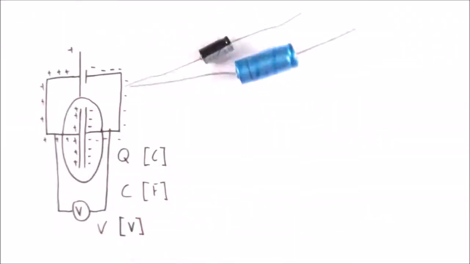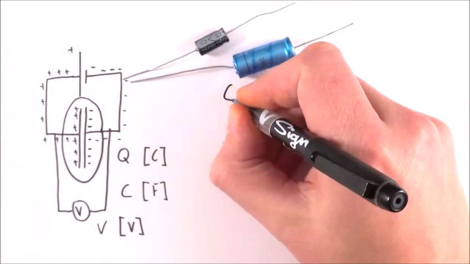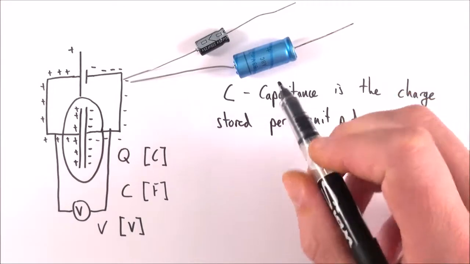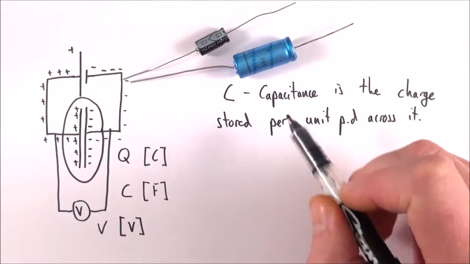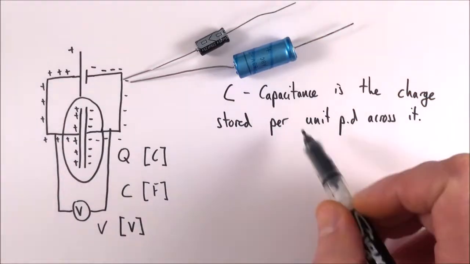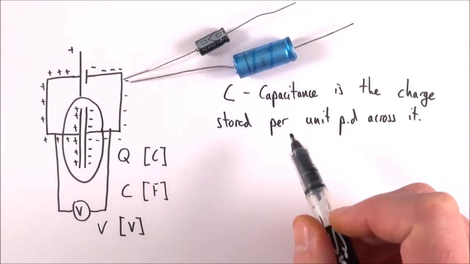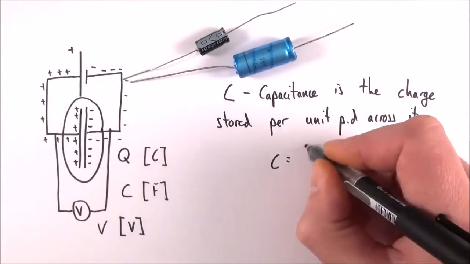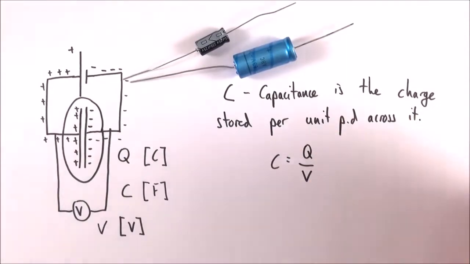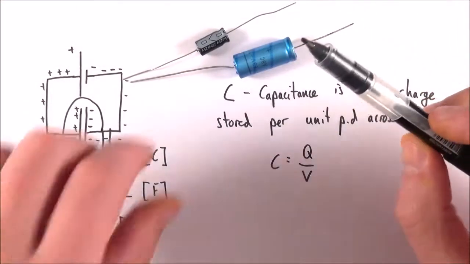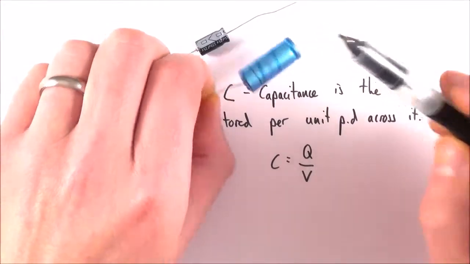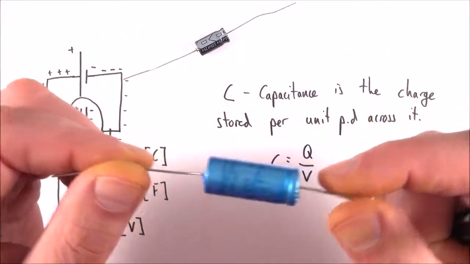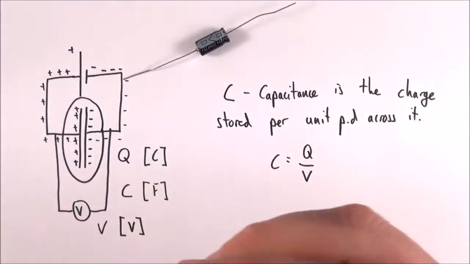Capacitance, which has the symbol C, is defined as the charge stored per unit PD across it. Not per unit volt, but the unit PD across it. And therefore C is Q over V. Effectively that means something which has a higher capacitance can store more charge for a certain potential difference across that component.